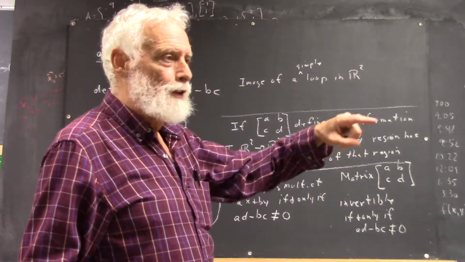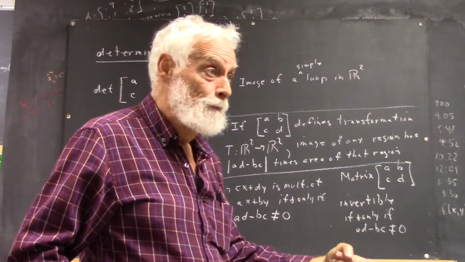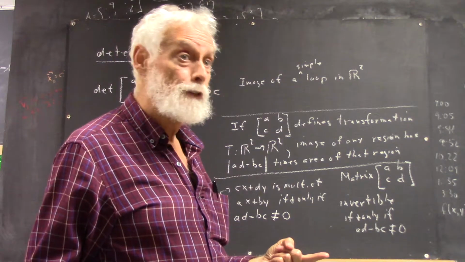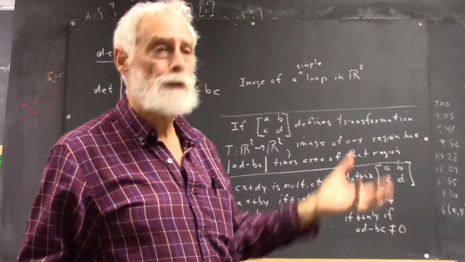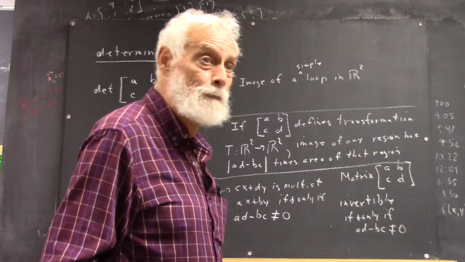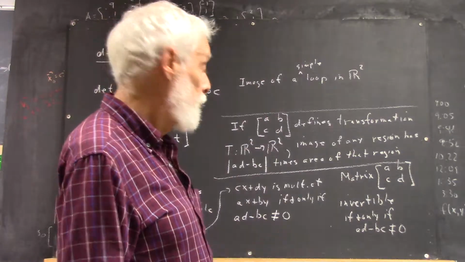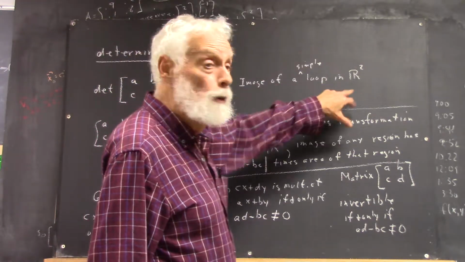I just mean something that goes around some path in the plane and ends up where it started from. That's a loop. And doesn't cross itself. If it crosses itself, then you get confused about orientation. And you can generalize it, but we don't want to go into that much topology. Okay, the image of a simple loop in R2.